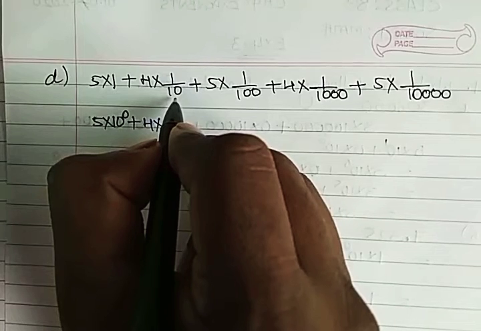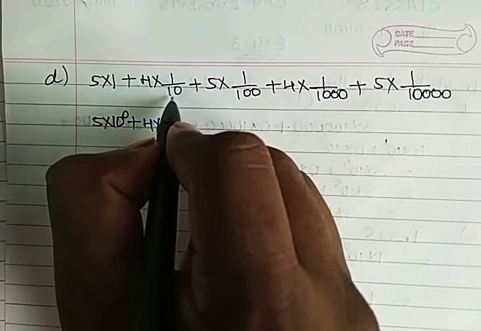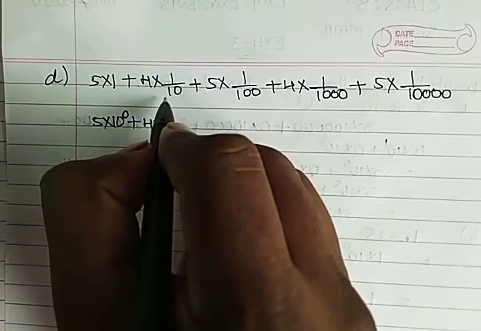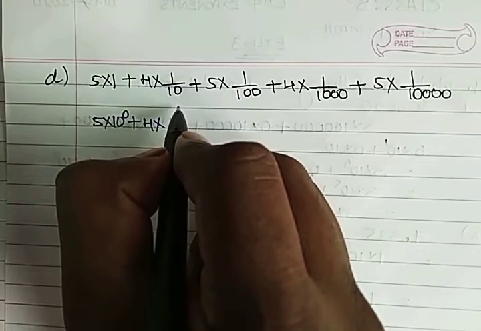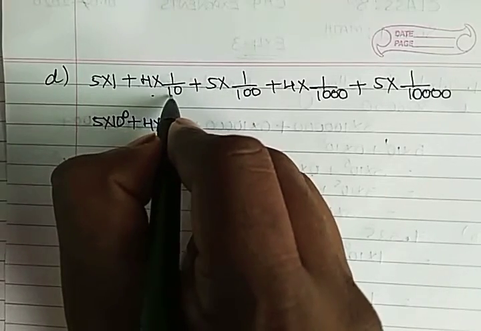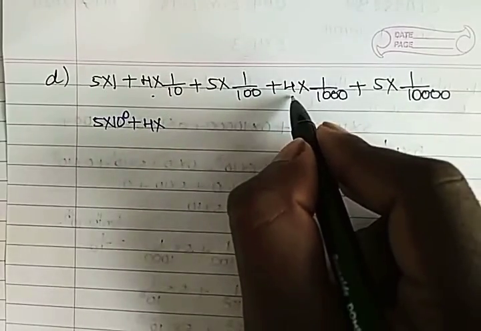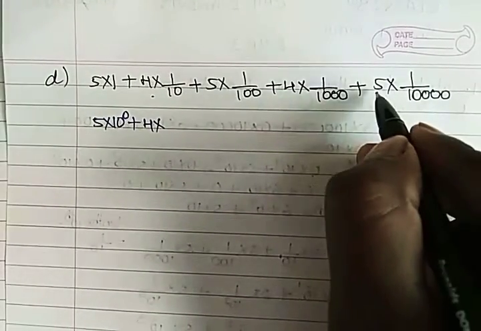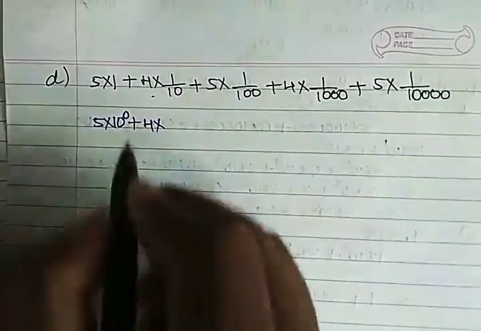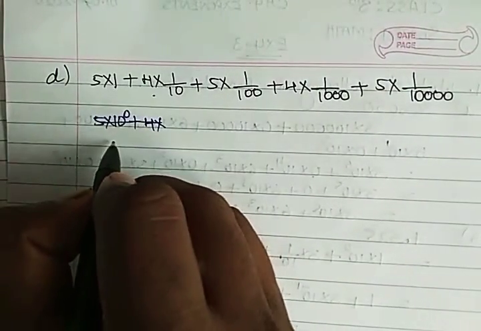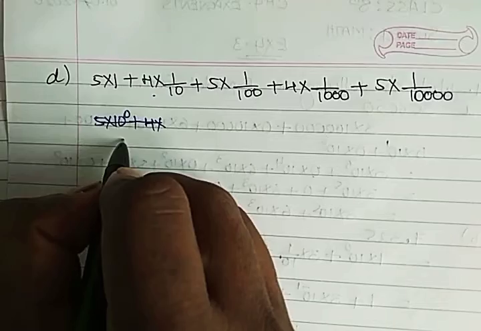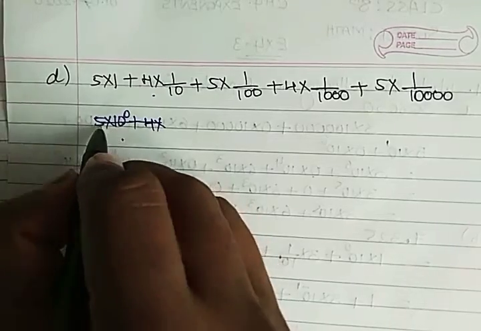It is after the decimal point and it should be the first place, that's the reason 1 by 10. So it is the first digit after the decimal point. This is the second digit, third digit, fourth digit after the decimal point.